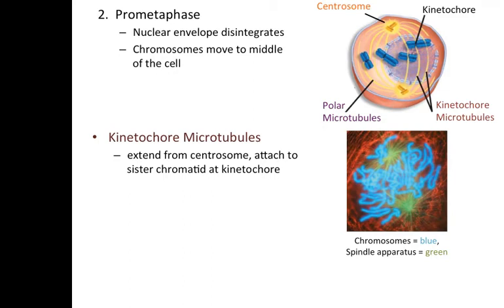Kinetochores are assembled at the centromere, and each sister chromatid has its own kinetochore. Once kinetochore microtubules are attached to each sister chromatid at the kinetochore, the chromosomes start to move to the center of the cell due to the continued movement of each centrosome to the opposite poles of the cell.